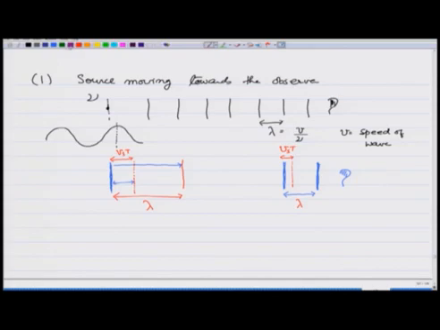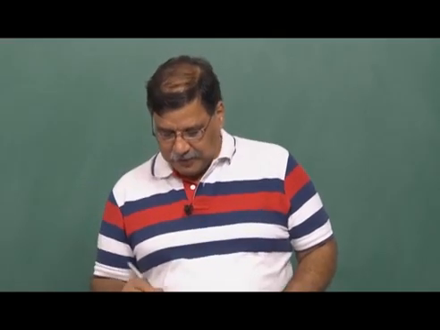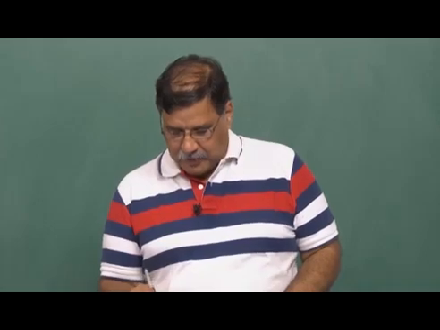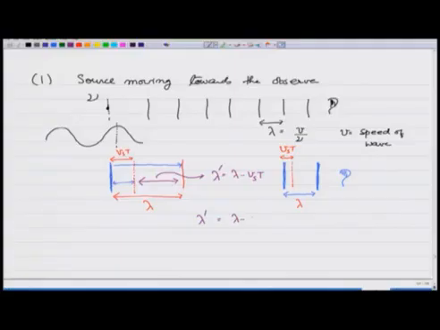So, effectively lambda has become this one shown by purple, which is lambda prime equals lambda minus v source times t. So, the lambda that the observer is receiving is lambda prime, which is equal to lambda minus v s t.